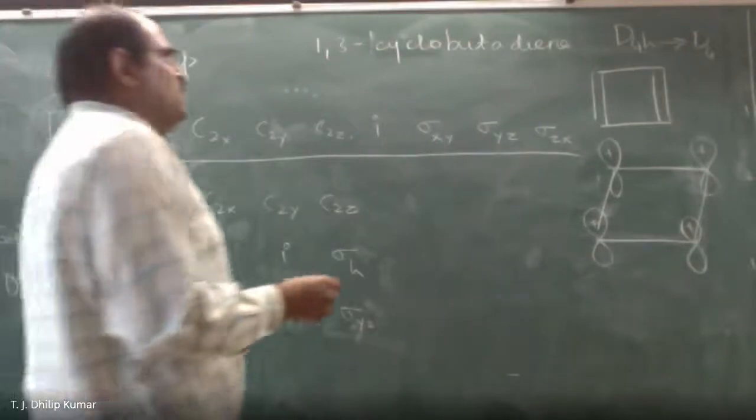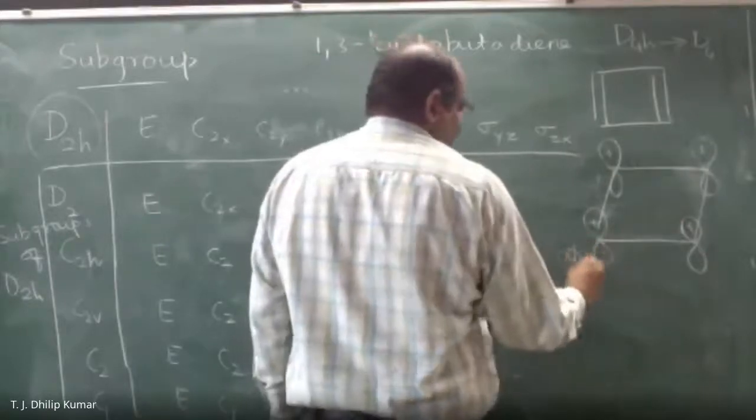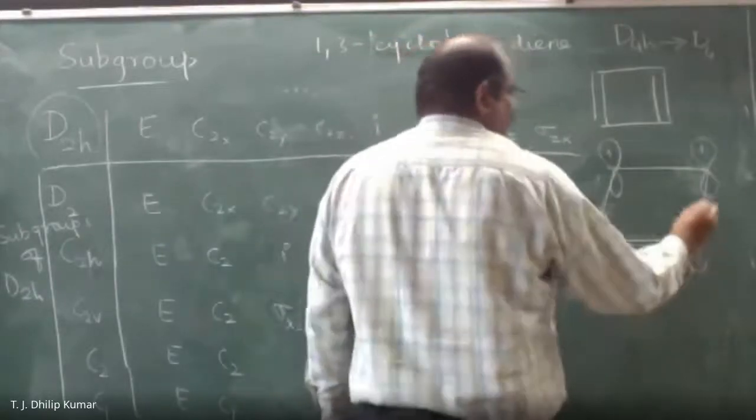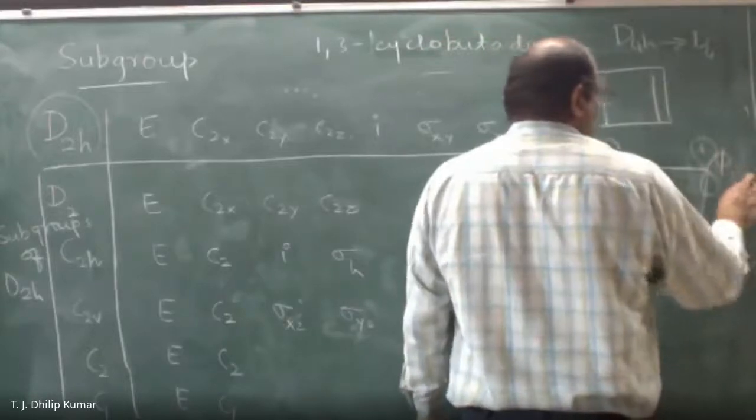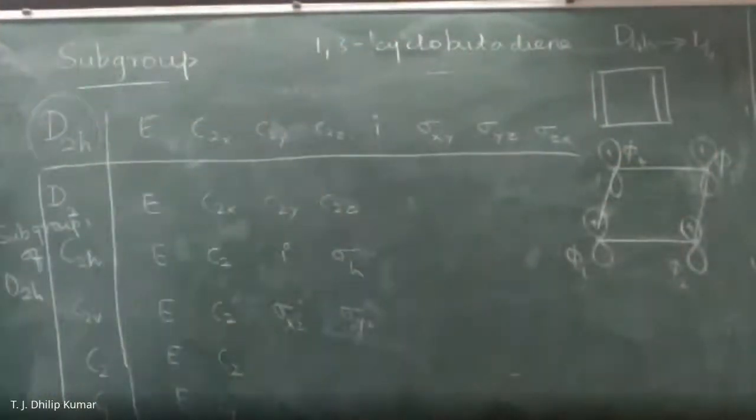So this is 1,3 cyclobutadiene. You have 4 orbitals, so you can build φ1, φ2, φ3, and φ4, all equivalent. Then we can write the reducible basis set for the D4 group.